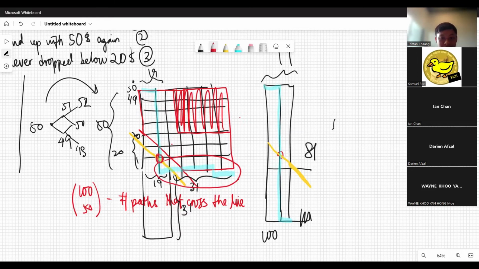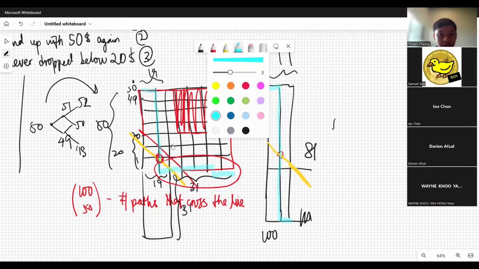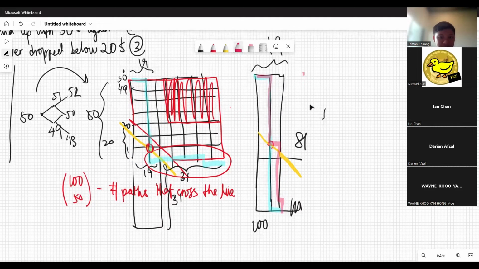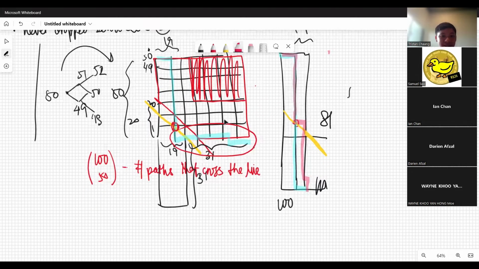Then that would be, I'll just use red for now. Like that. So same thing, I just reflect whatever's after the first time I touch the yellow line. Yeah. Okay, so now we are almost done.